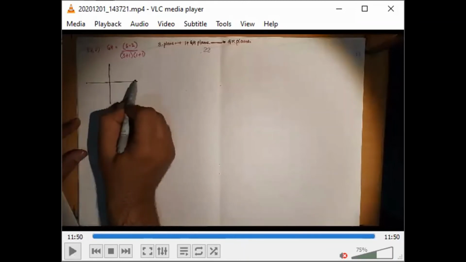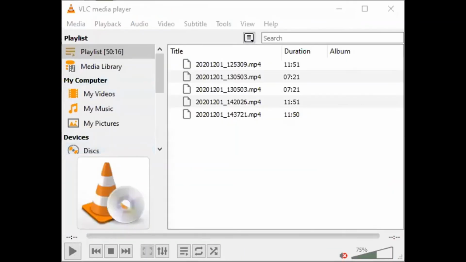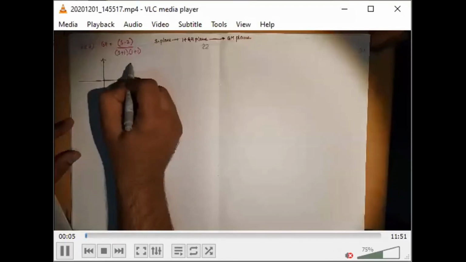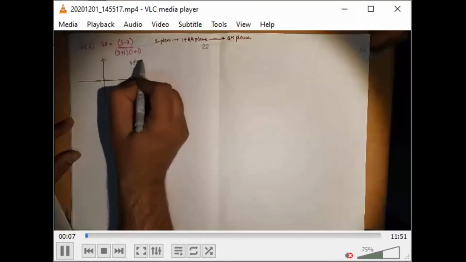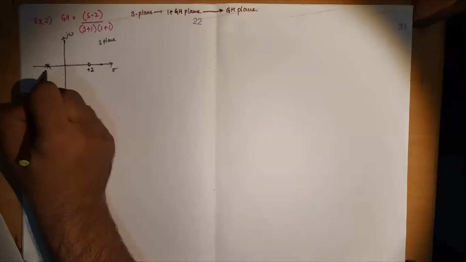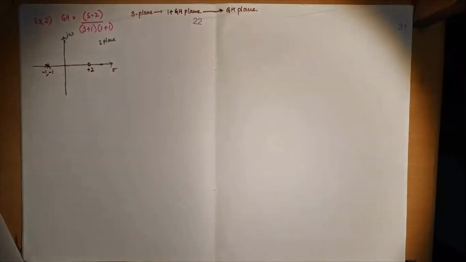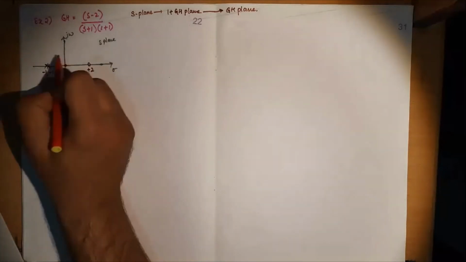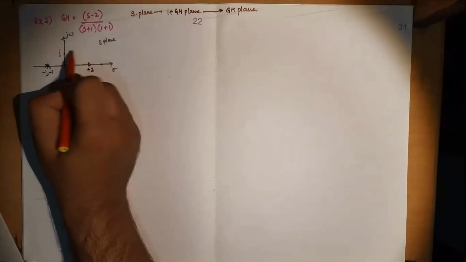So I will take S plane, then I will take the closed contour. So mark poles and zeros. There are two poles at -1 and one zero at +2. So I'll take the closed contour again.